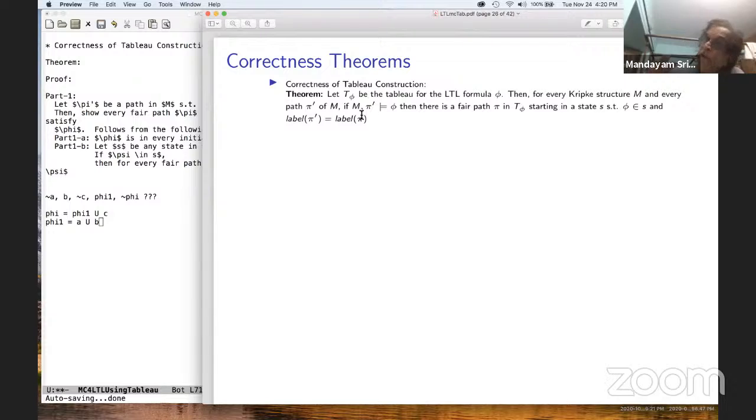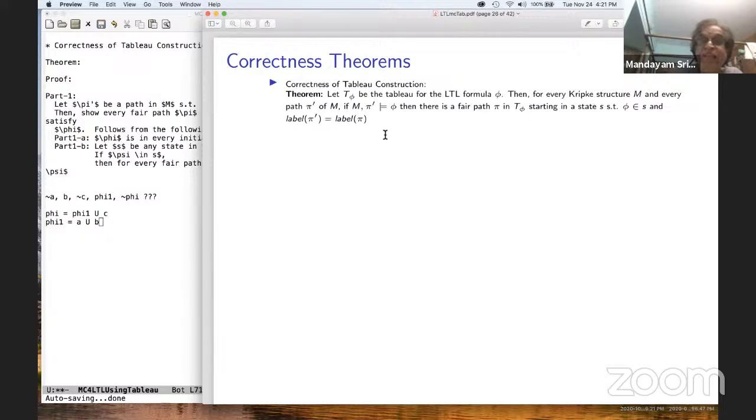So for every path in M, for any Kripke structure that shares the concerned labels, if it satisfies phi, then you will find a fair path in the tableau such that you will find a state and a fair path from that state that satisfies phi, because as I noted, T phi by its construction includes all the possible ways, scenarios, infinite paths, in which phi can ever be satisfied by any Kripke structure.